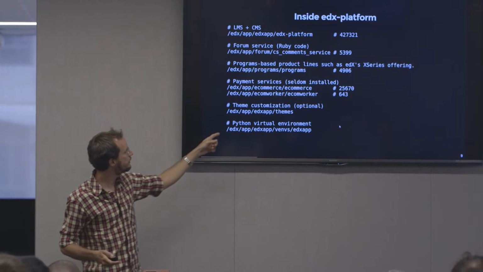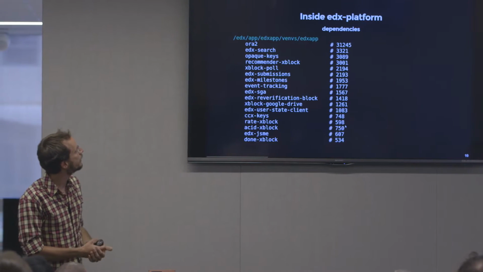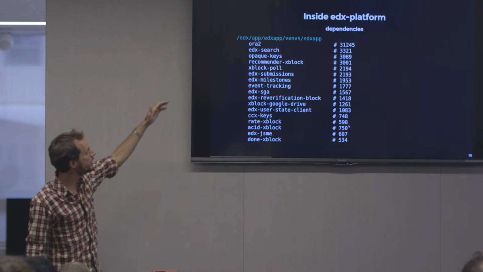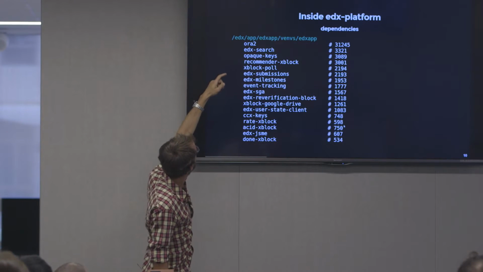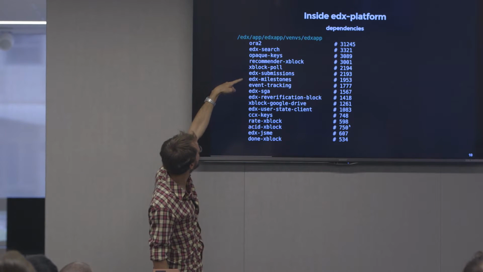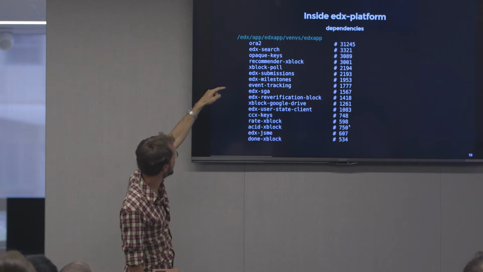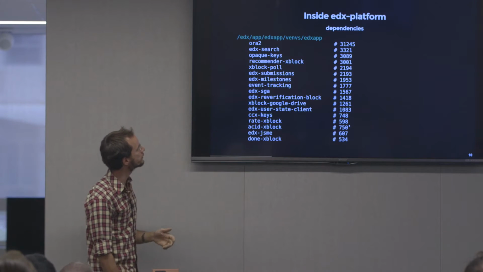Let's take a look at the dependencies inside the virtual environment. What do we have in there? Aura 2 is pretty big. We have many Xblocks. Xblock Poll is an Xblock. edX Search, I believe, is one. edX SGA is one. Rate Xblock, Asset Xblock, etc. So a lot of Xblocks.